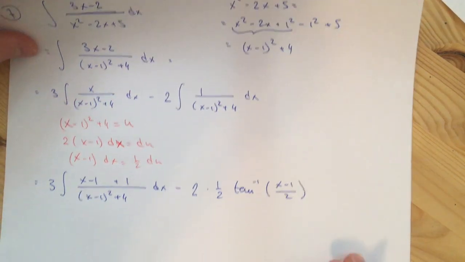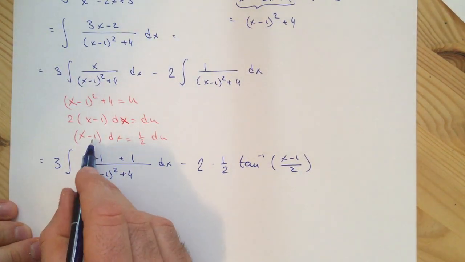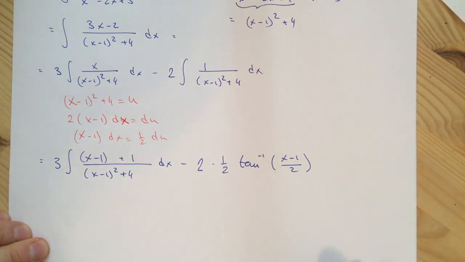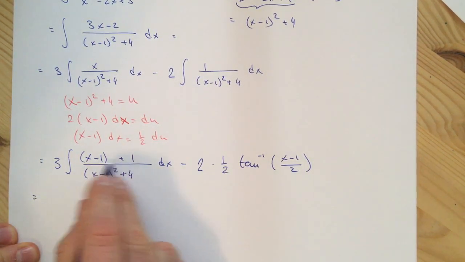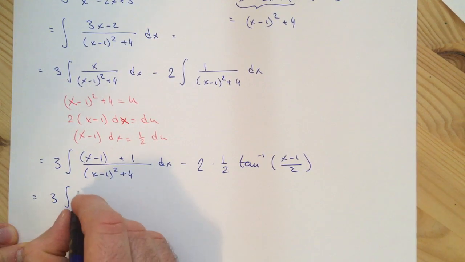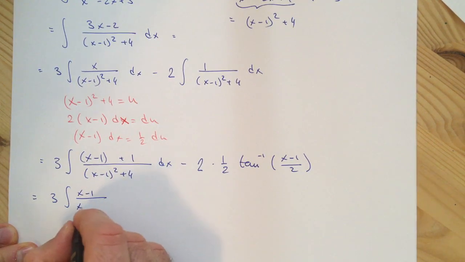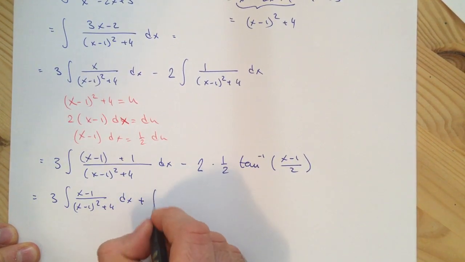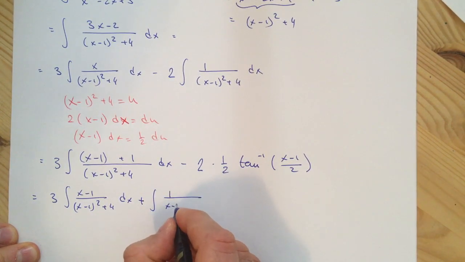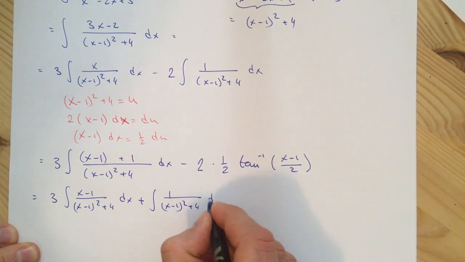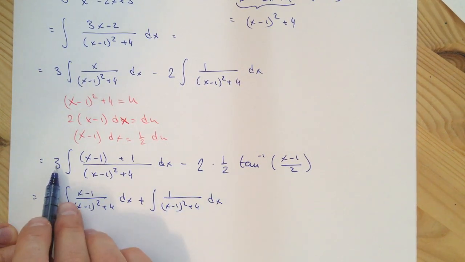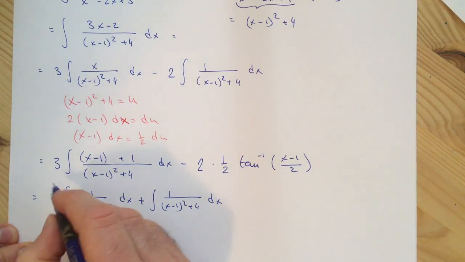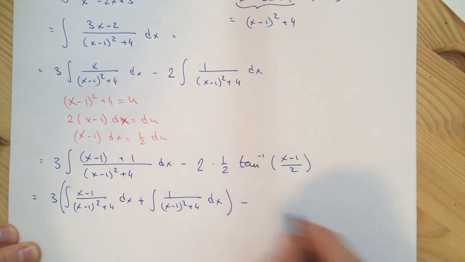Okay? Now I have obtained this x minus 1, so I will group these two terms, and again I will split this integral. So that's 3 times the integral of x minus 1 over x minus 1 squared plus 4 dx plus the integral of 1 over x minus 1 squared plus 4 dx. But be careful, this 3 multiplies the sum of these two integrals, right? So keep the parentheses.